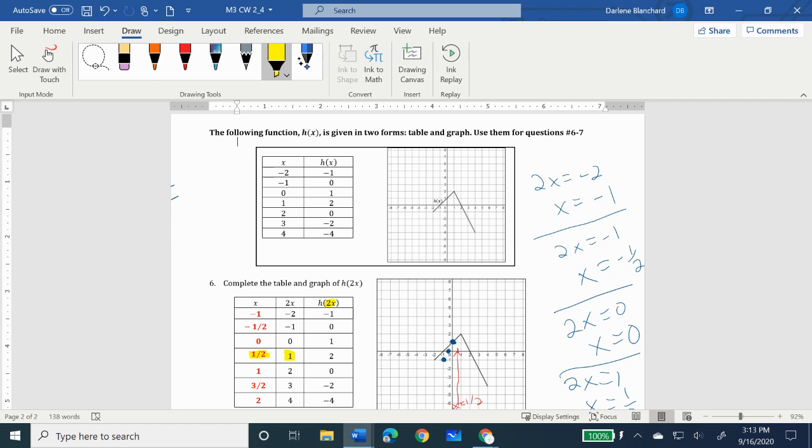And h sees that 1 go in, and it will give it the number 2, which is one's ration, I suppose, if you want to think about it.